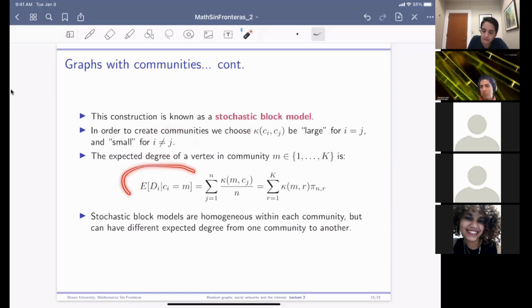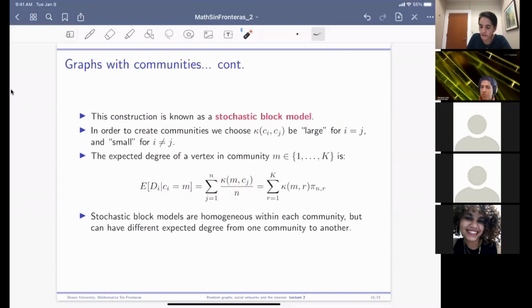The expected degree now is going to change from one community to another. If I tell you that vertex i belongs to community M, then the expected degree is the sum of all those p_ij's, which are now given by this kernel kappa of M, the community of vertex i, and all the possible neighbors j and their community belongings, divided by n.